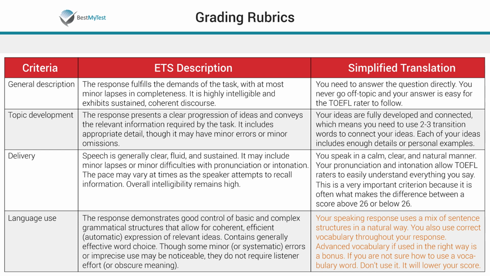And it's terrible if you can't use it correctly. So make sure that you are using words that you are sure you know how to use. Otherwise, it might backfire on you. All right, so that's the criteria for getting a high score on Speaking Task 2.